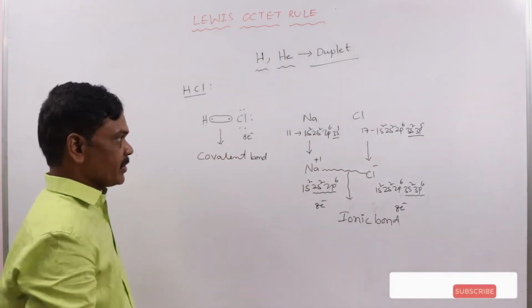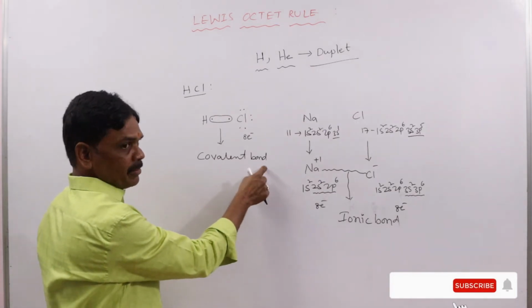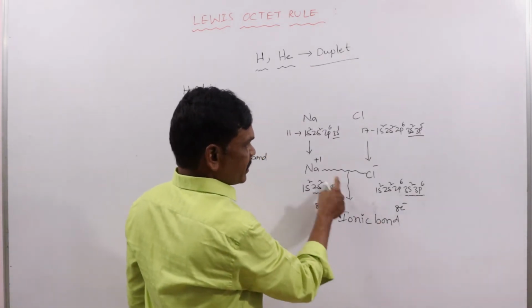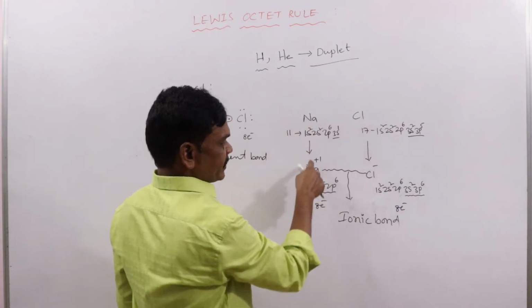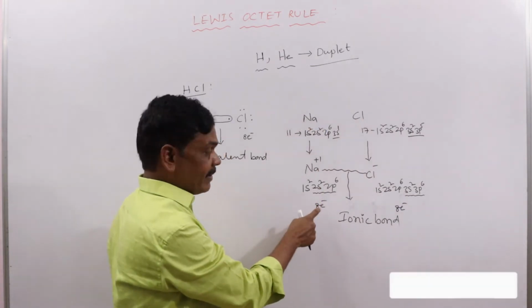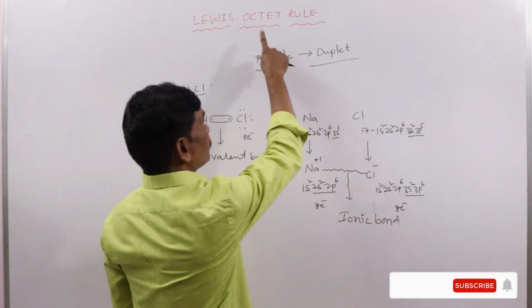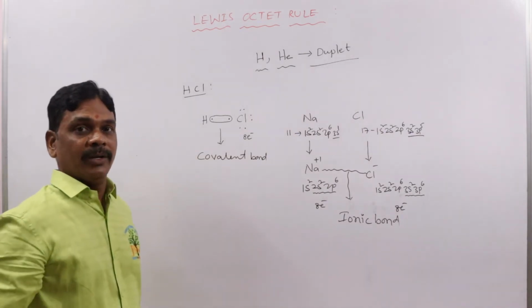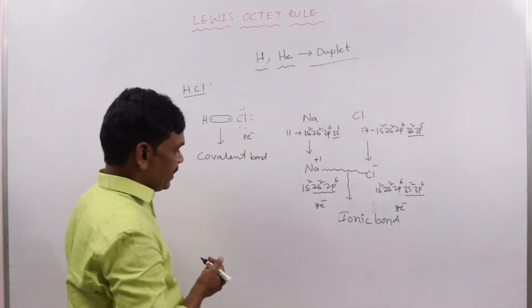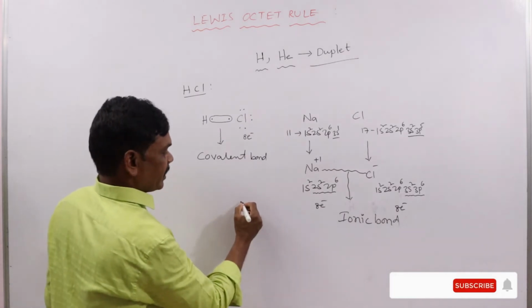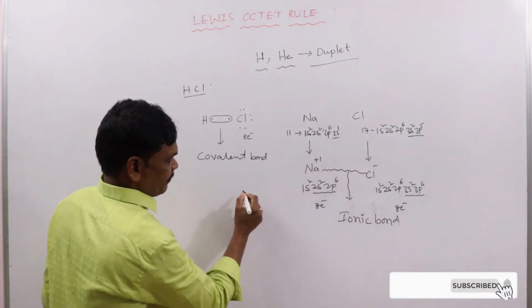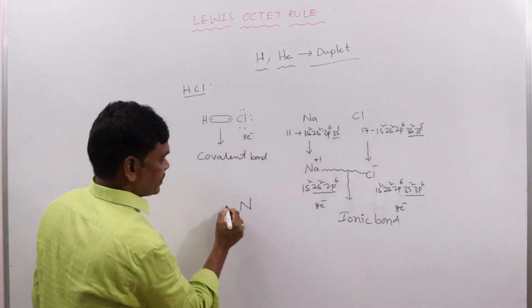In the formation of a covalent bond or ionic bond, every element is trying to get 8 electrons in its valence shell. That is nothing but the Lewis octet rule.